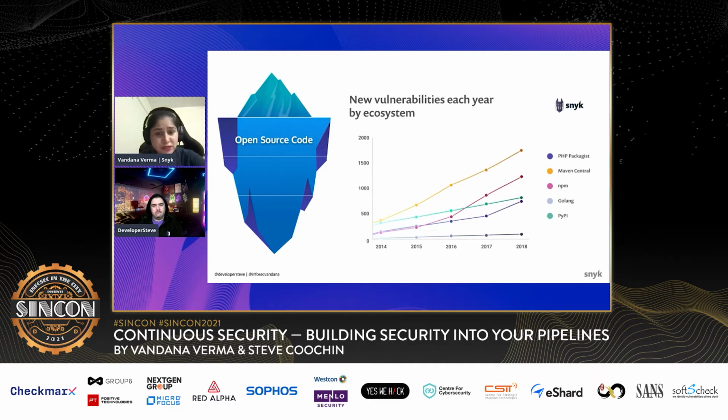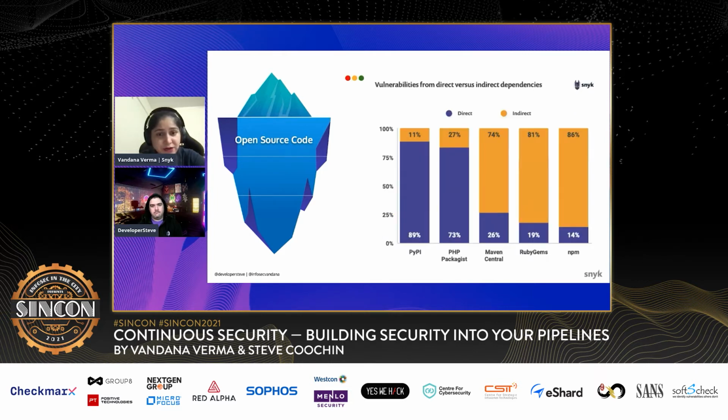Now, if we move on to the next slide, if you see how many of the vulnerabilities come into the code from direct or indirect dependencies, for PyPI, 89%. That's a huge number for the direct dependencies. Now, when I talk about indirect dependencies, sometimes they are not integrated directly into our code, or not directly impacting it, but one of the dependencies is linked with it.